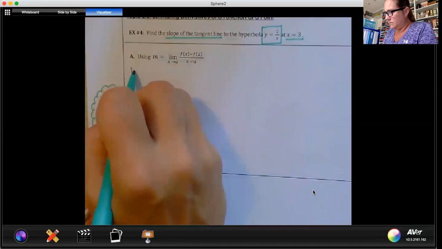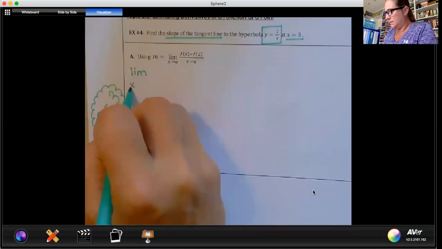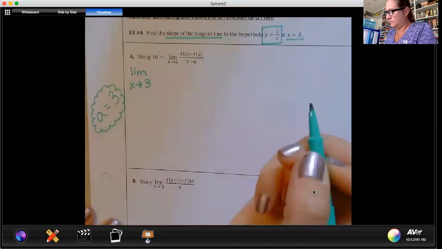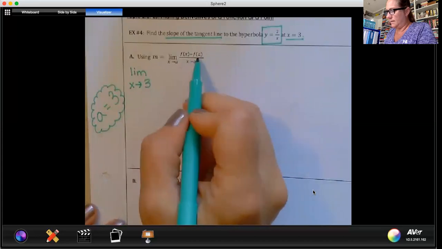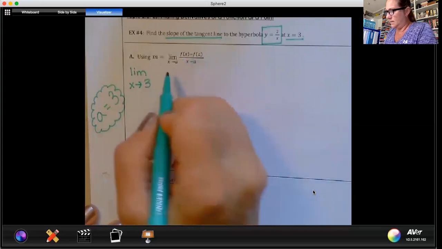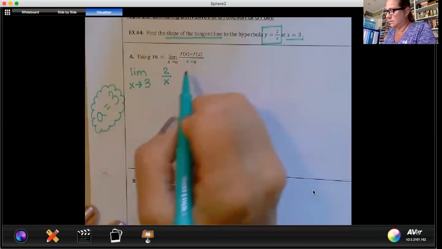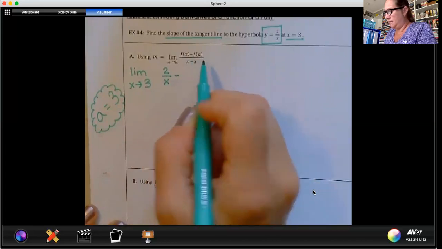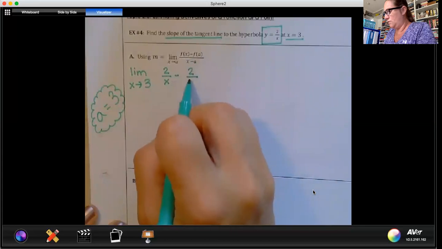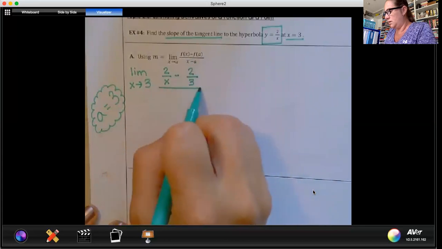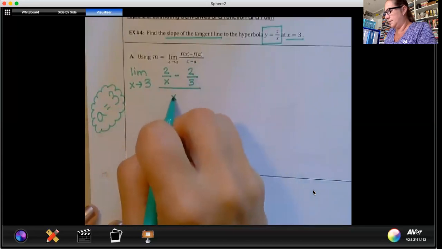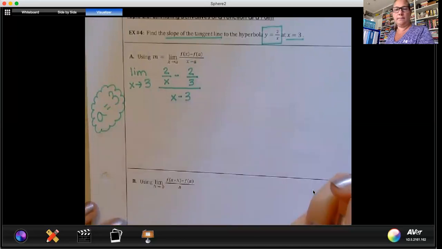So the limit as x approaches 3 of f of x minus f of a over x minus a. So 2 over x, there's f of x, minus f of a, 2 over 3, over x minus a, which is x minus 3.